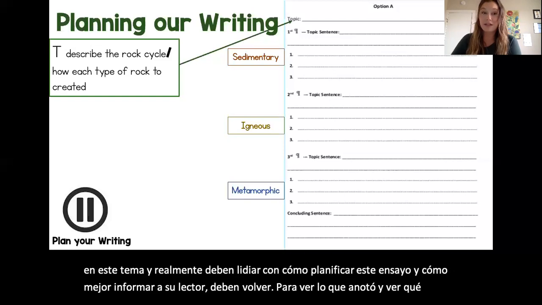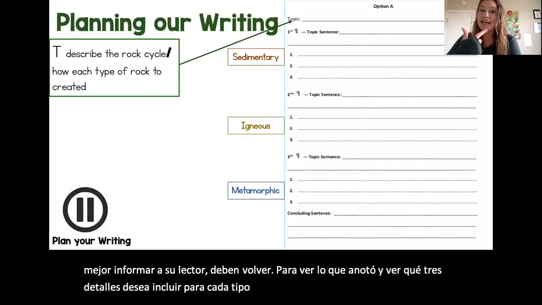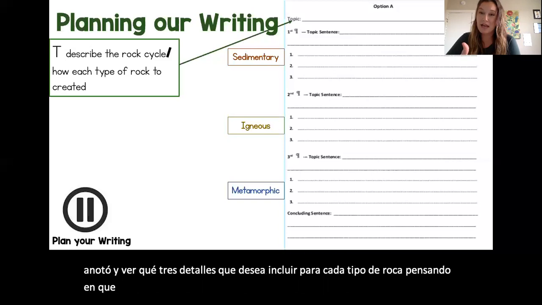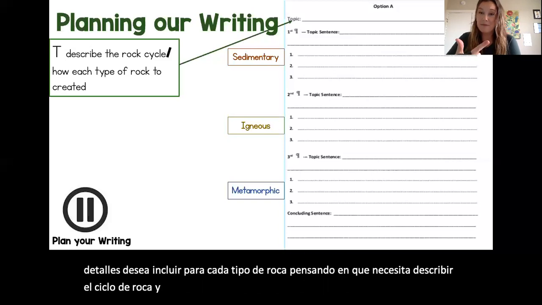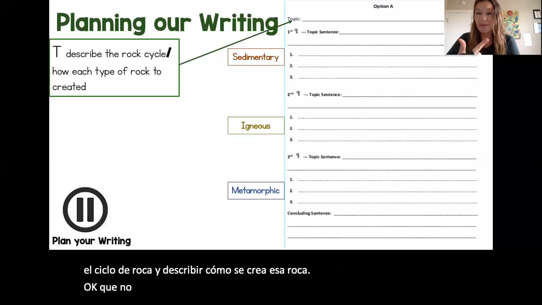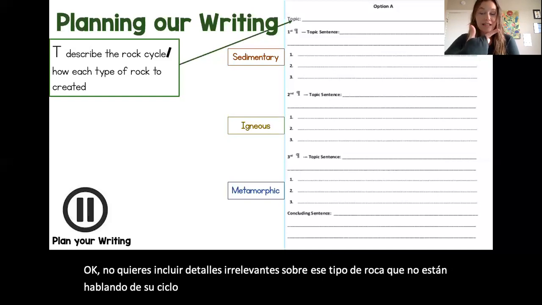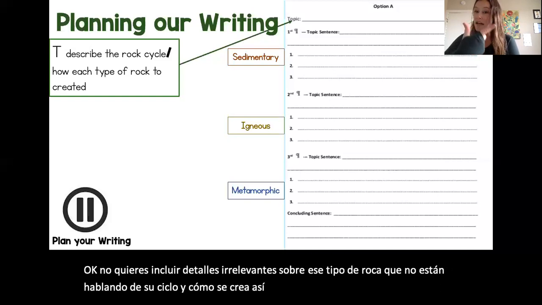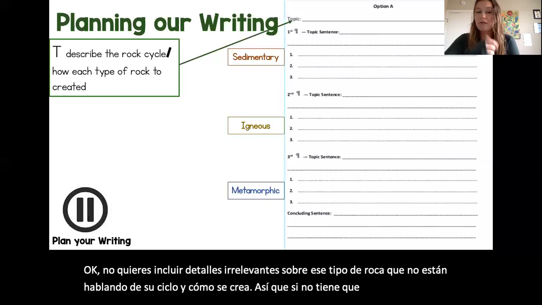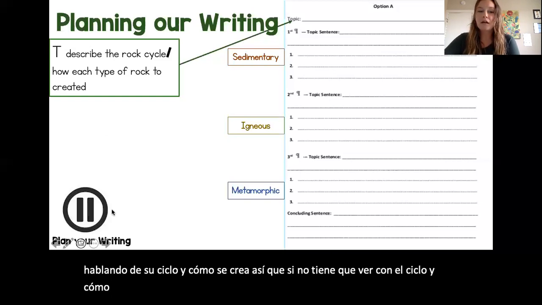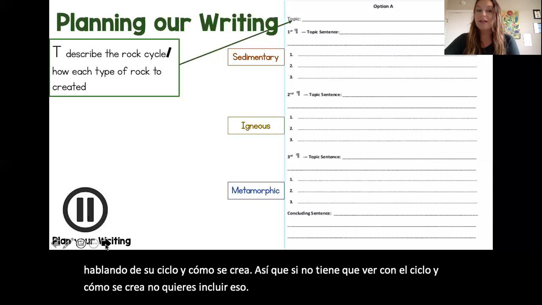Thinking about you need to describe the rock cycle and describe how that rock is created. Okay? You don't want to include irrelevant details about that type of rock that aren't talking about its cycle and how it's created. So if it doesn't have to do with the cycle and how it's created, you don't want to include that. Pause your video here, plan your writing.